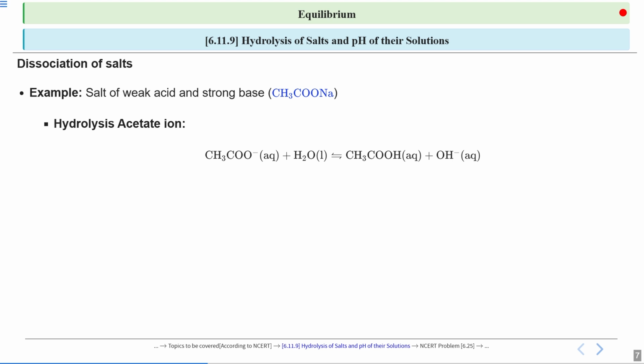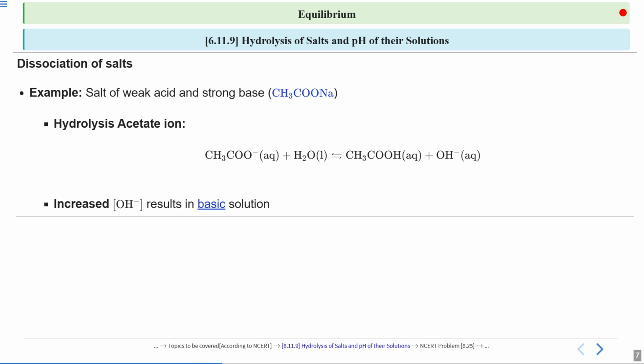Got it? But one thing you are seeing here is the formation of hydroxide ion in this whole process. So when you are dissolving this sodium acetate, you are getting sodium plus, which is only getting hydrated and not disturbing the pH. But if you are looking at the reaction of this acetate ion, it first gets hydrated, but along with it, it is producing hydroxide ion due to reaction with water.